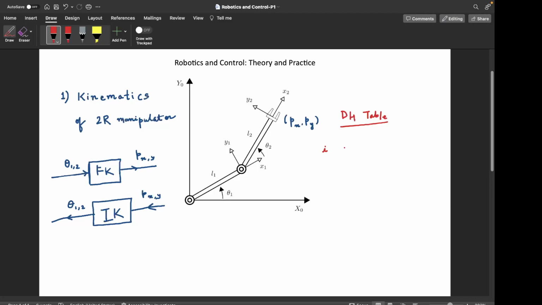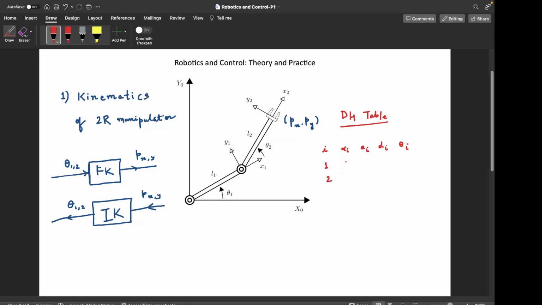So basically, alpha i, that is the twist, then a i, that is the link length, then d i, the joint offset, and theta i, that is the joint angle. And there are two links only here.